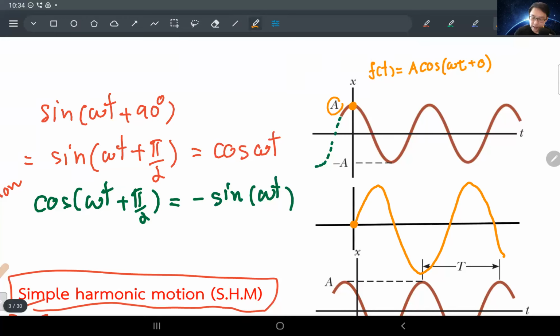Let me put the blue here. That's 0, 0. That's a sine function. But if you think of this one, these two are the same point, the blue right here. So the upper curve is the same thing as the lower curve, but translated to the left. Are you with me?